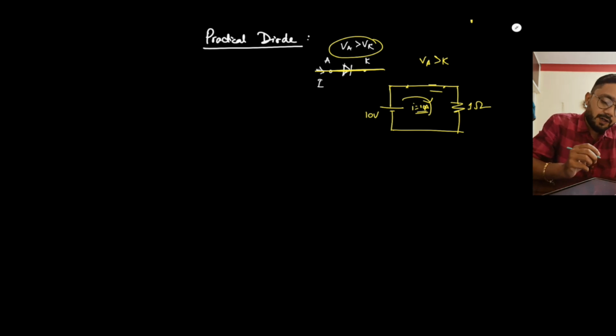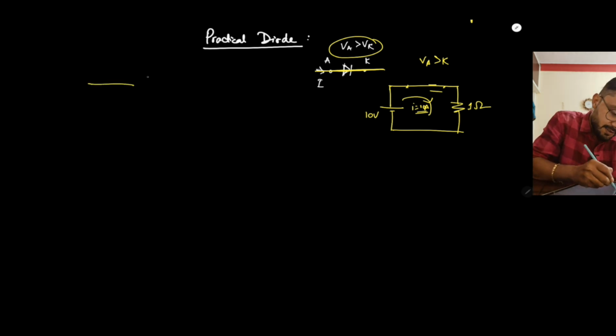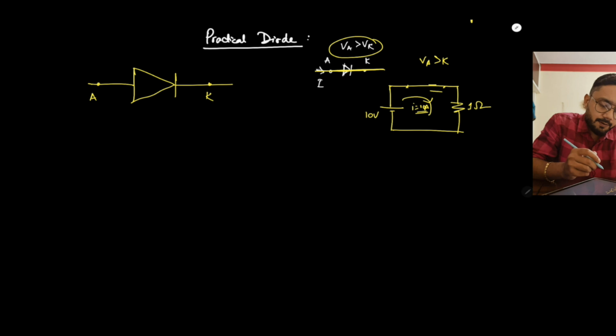But practically, what happens is that whenever the diode is forward biased, a small voltage is dropped across the diode. What I mean is, suppose this is the diode, with anode A and cathode K. Obviously let's consider that the anode voltage is greater than the cathode voltage, and current ID is flowing.